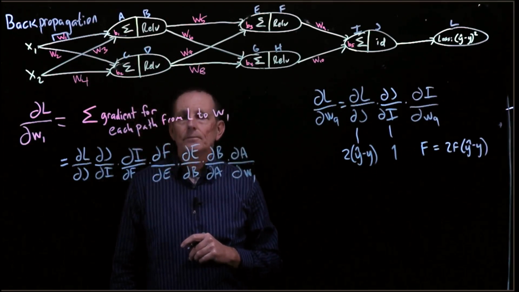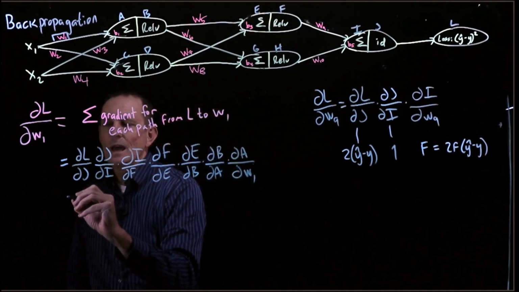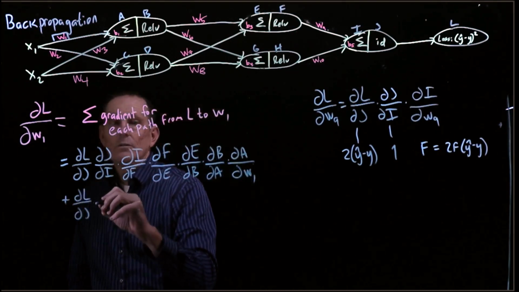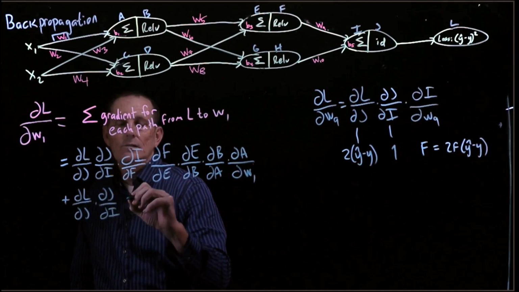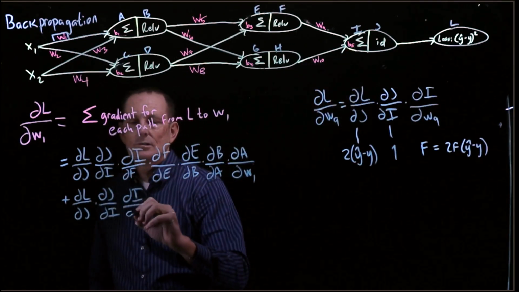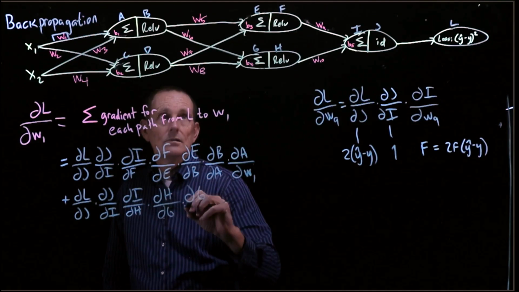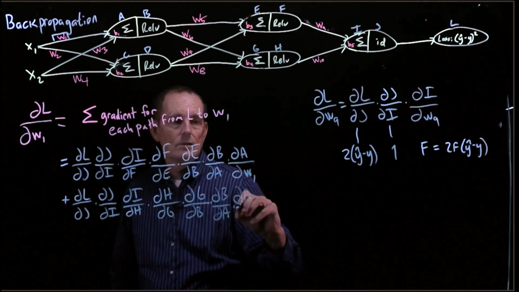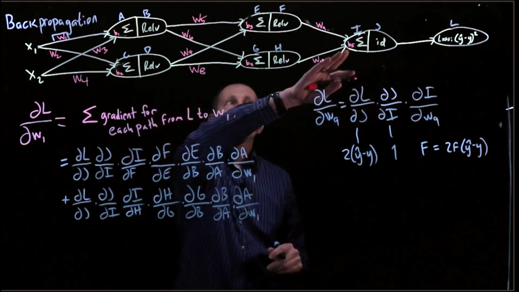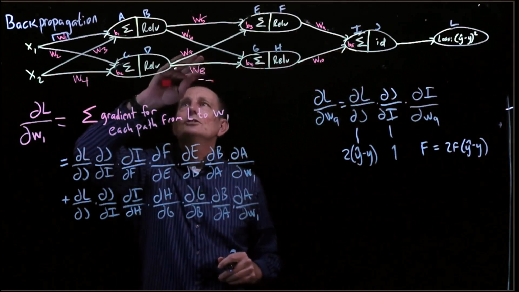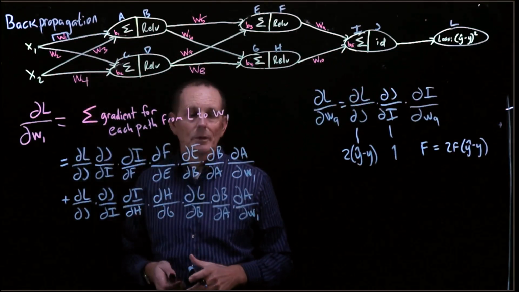That's our first path. And then we want to add on from L to J, J to I, I to H, H to G, G to B, B to A, A to W1.